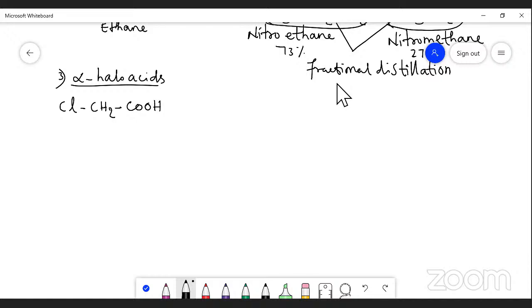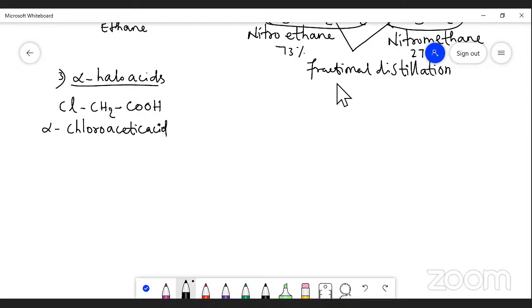This is nothing but alpha chloroacetic acid. We know that acetic acid is CH3COOH. That alpha hydrogen, the C-attached hydrogen, is replaced by Cl. So alpha chloroacetic acid.